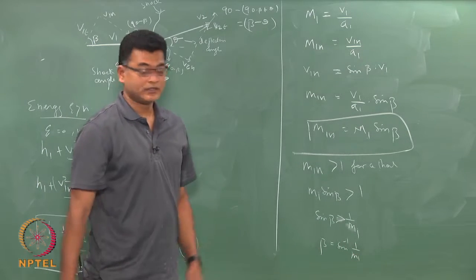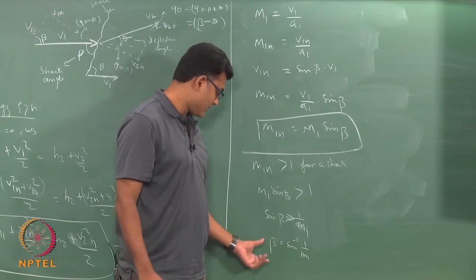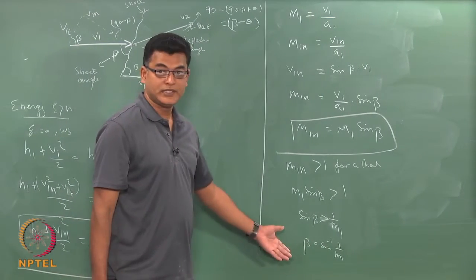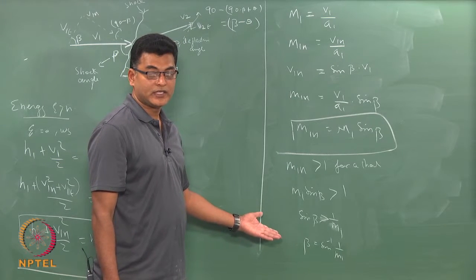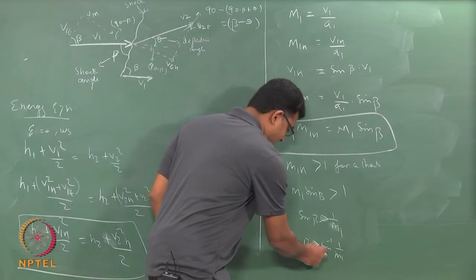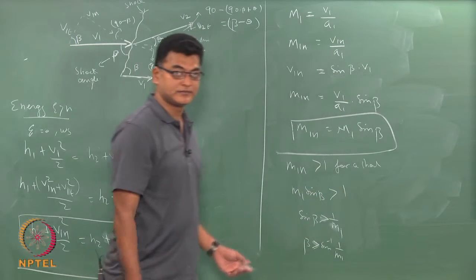So, if I define my beta to be this, then it has to be equal to or greater than this to have a shock.